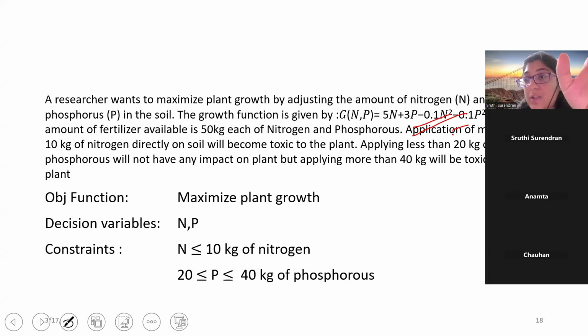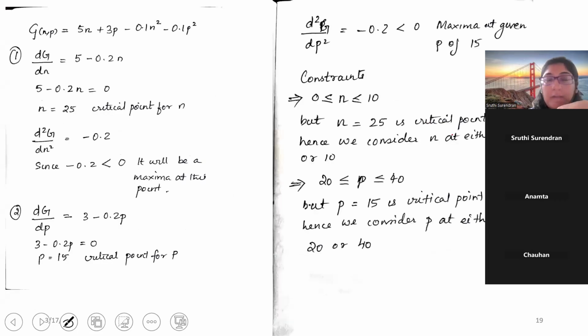It is in such situations that an optimizer is going to be of use to us. So I have manually solved this over here. Before we go into the optimization, let's look at how we can solve this manually. So here, manually, in order to do the first step, this is the function. I found out the first derivative of this equation.